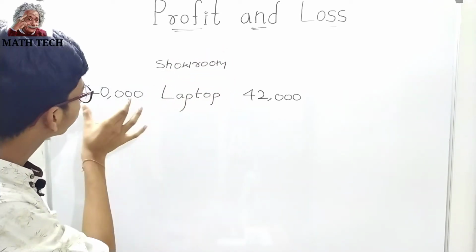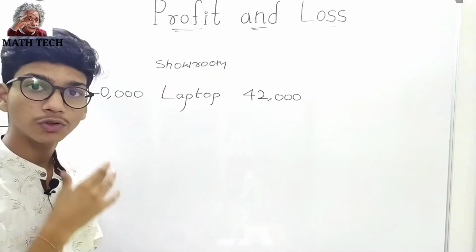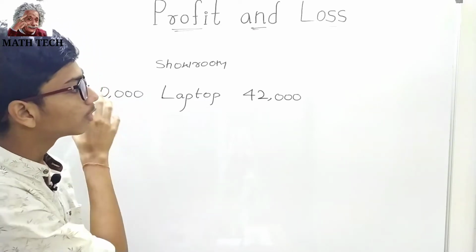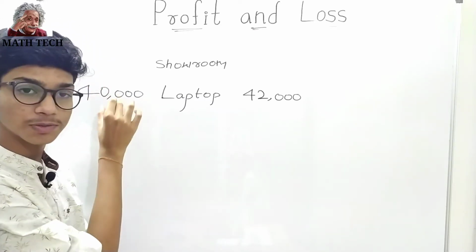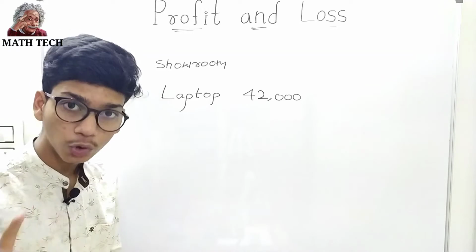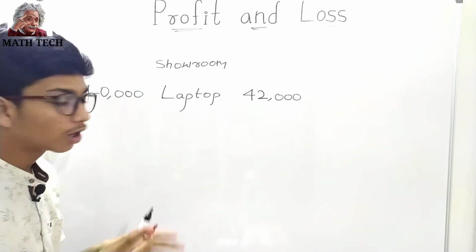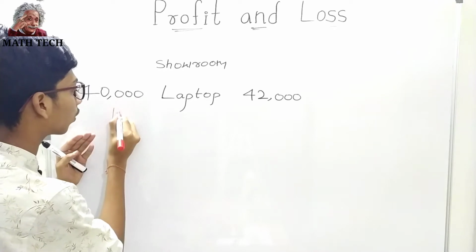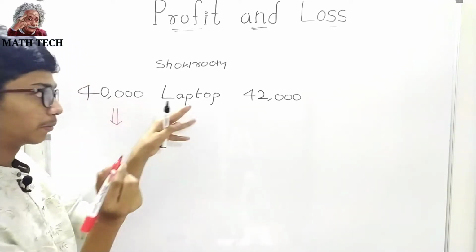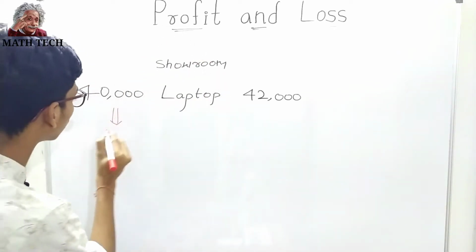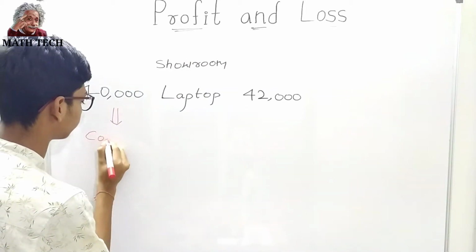You have bought it for 40,000, and you have used it for 2 months and you are bored of it, and you are very smart, so you have sold it for 42,000. Here 40,000, for which you have bought the laptop in the showroom, is known as cost price.